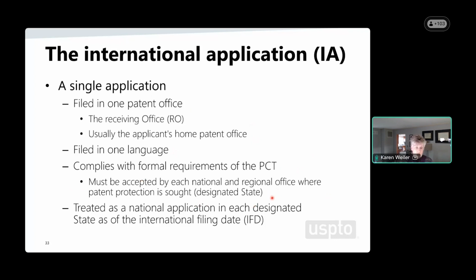And so sorry for all this terminology, but it comes with the territory here. And as mentioned before, this PCT application, this international application, is treated by each region or country as if it were a national application with a filing date of the international filing date, the date on which the international application is filed.